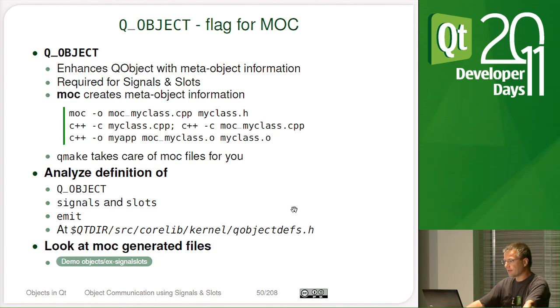So what is done in the background of the meta object information system? Because the signal and slot mechanism is not available in C++, we need something on top of C++. And this is called the meta object system. And we have an extra compiler for the meta object information, which is called moc. And whenever you compile your applications using meta object information, you will see that some additional compilation steps will be executed.